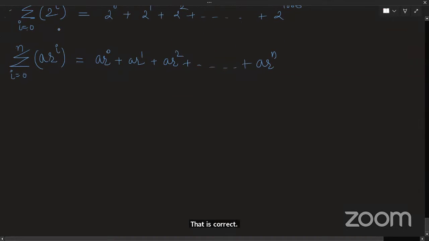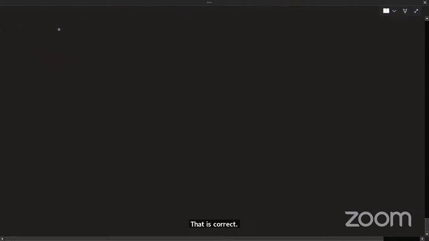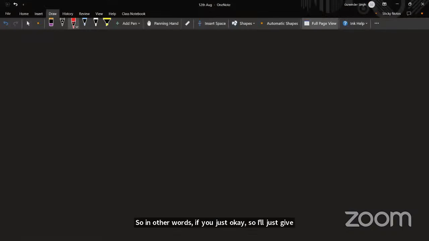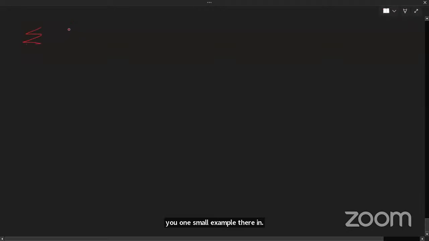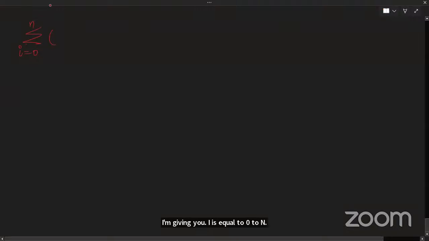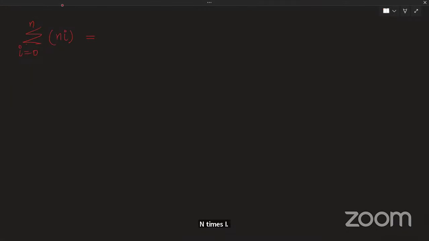So I'll give you one small example in the other case also. I is equal to 0 to n, and now I'm giving you n times I. So what is this thing equal to? Can you tell me now?